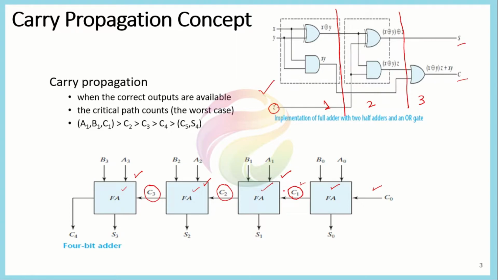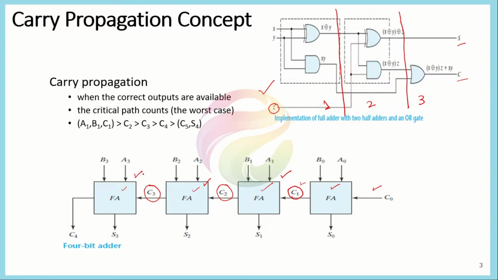Similarly, when carry is generated here, then from C1 to C2, again we would require 2 level delay here, 1 level here and 1 level for this one. Similarly, then we have to add the 2 levels here. So when we have to perform the calculation of the last one, it would also require the 2 level delay here too.